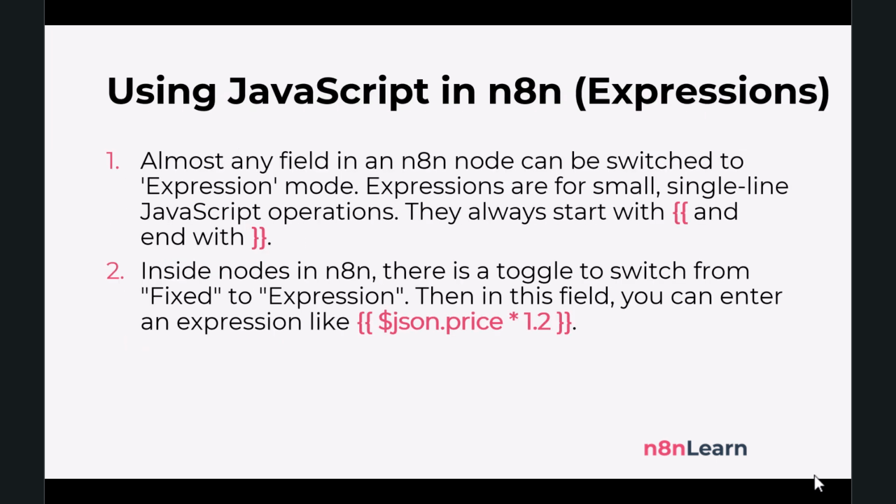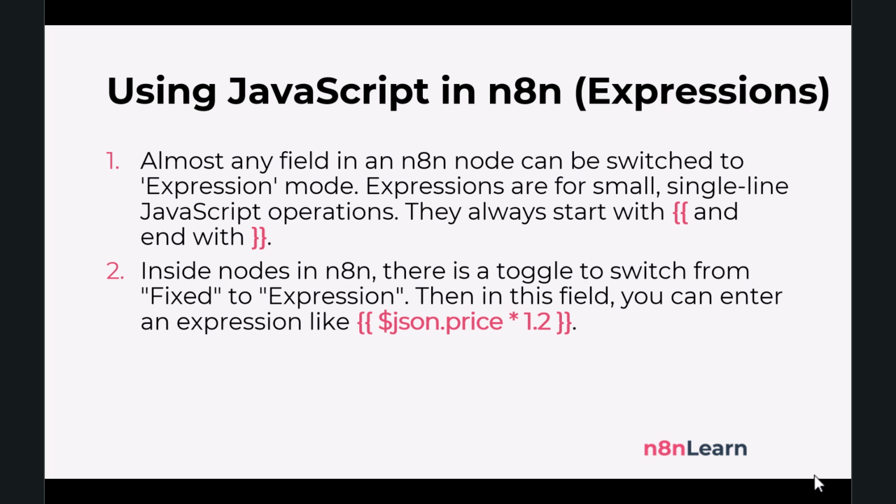Okay, so where do we actually write this code in n8n? The most common place is in an expression. Almost any field in an n8n node can be switched to expression mode. Expressions offer small, single-line JavaScript operations. They always start with double curly braces and end with double curly braces.